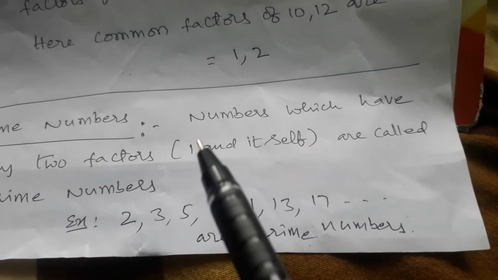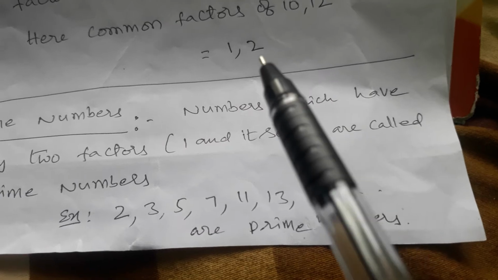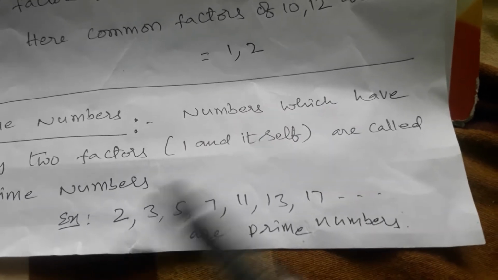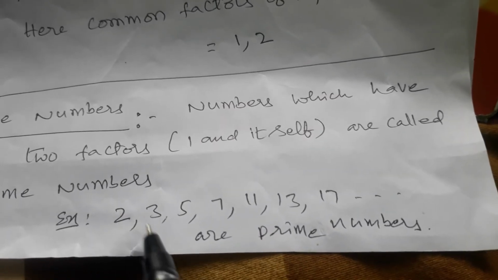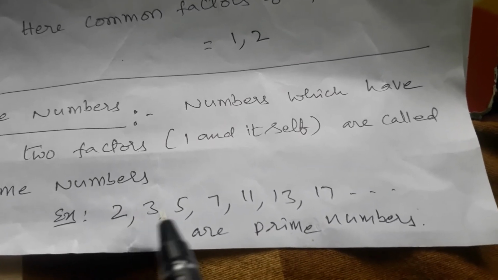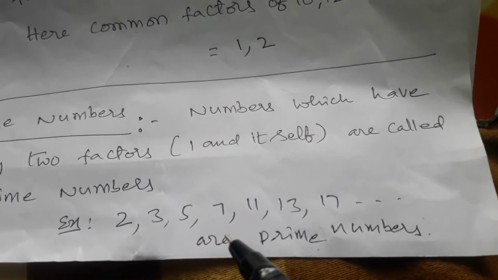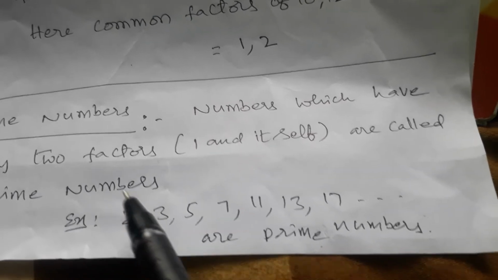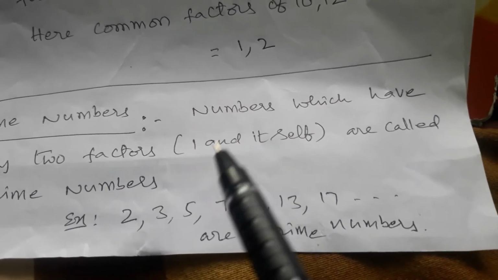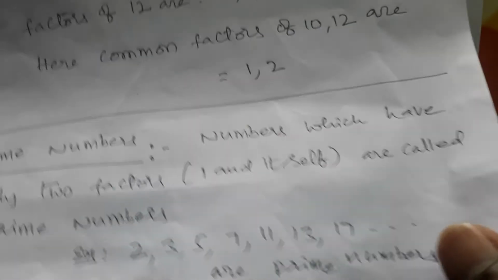One is a factor of every number, and every number is a factor of itself. Numbers which have only two factors, one and itself, are called prime numbers.